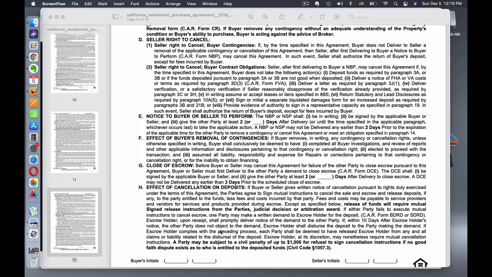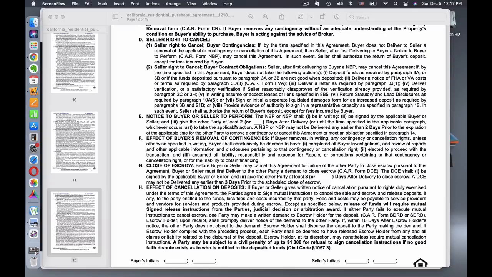The way we deal with these contingency time periods for the buyer or the seller is through what's called a notice of buyer or notice of seller to perform. So if you're dragging your feet as a buyer on your investigations and we've received all the information we need to receive from the seller and you're just dragging your feet and won't waive the contingency, the seller's only remedy is they would issue a notice for buyer to perform, which is a 2-day notice.